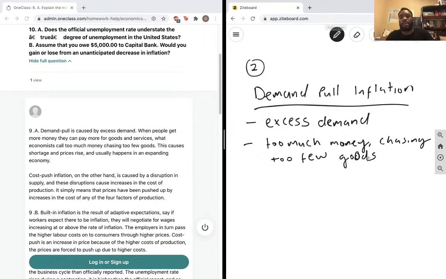And basically when this happens, then prices need to rise so that it takes away the excess demand and the economy is back in equilibrium.